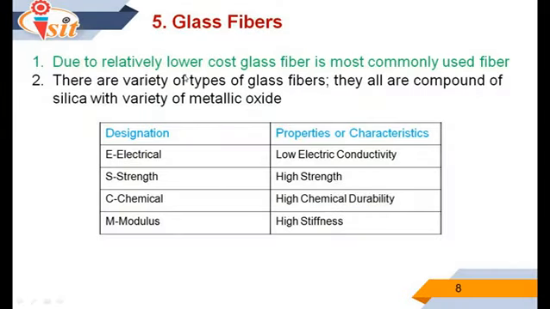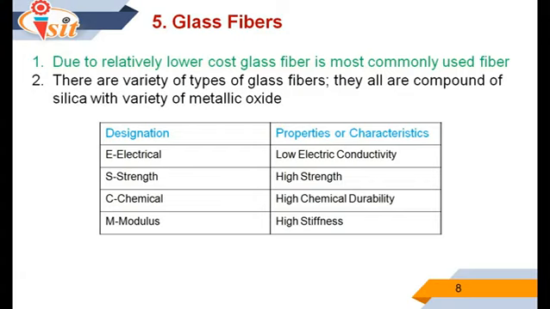Now we will talk about the glass fiber. What is the meaning of glass fiber, and how does it look? We will cover this part here. In many applications you have seen that glass fibers are mostly used. What is the reason behind it? Glass fibers are very widely used because they have a very low cost.